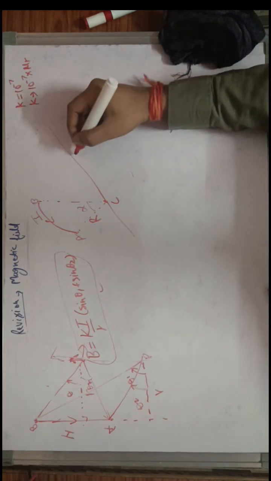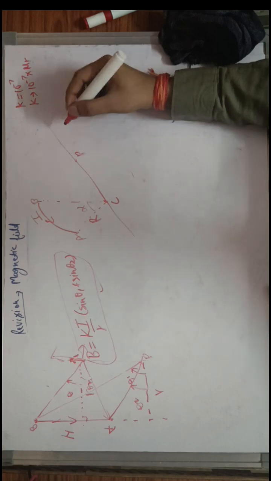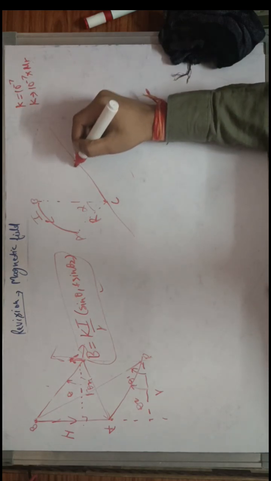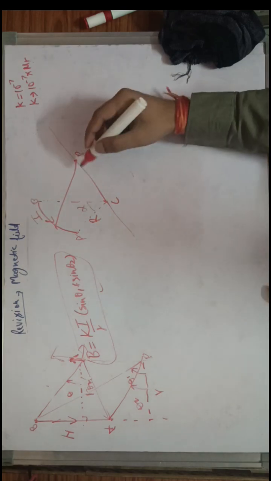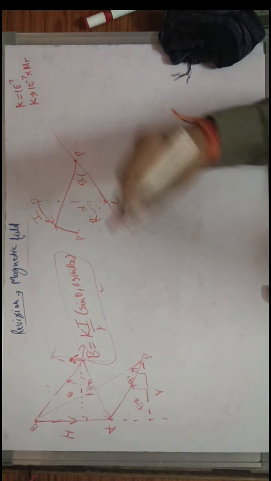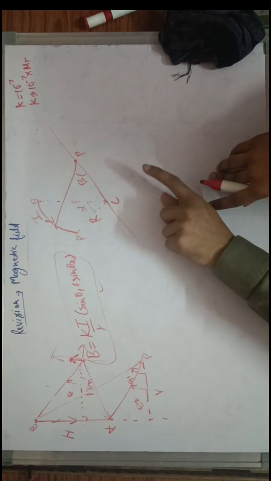Any point on this axis, let's say P, draw the line joining this point P and this arc, then the angle between these two lines, let's say it is beta, just like in case of electric field we did.